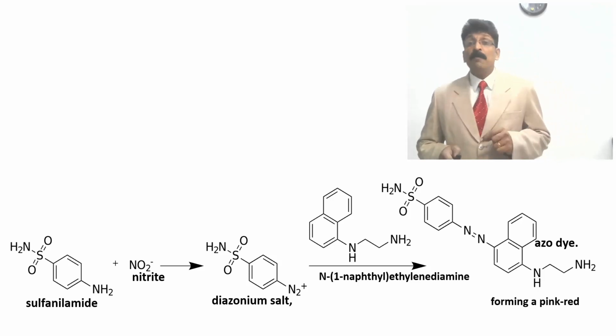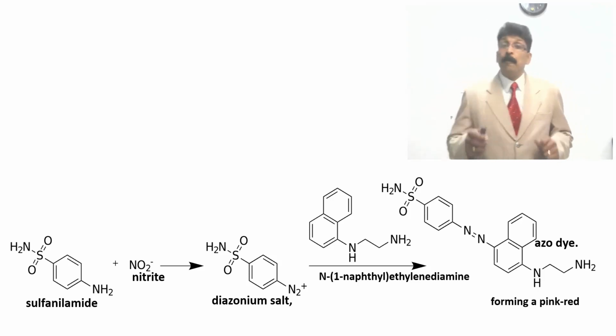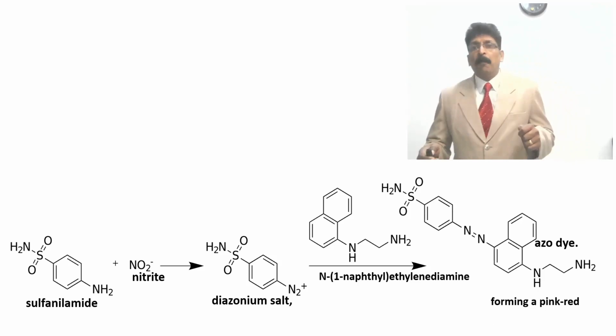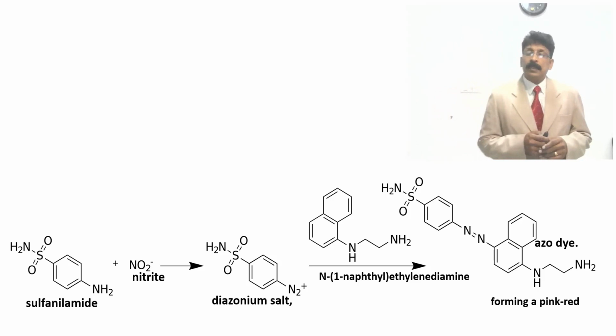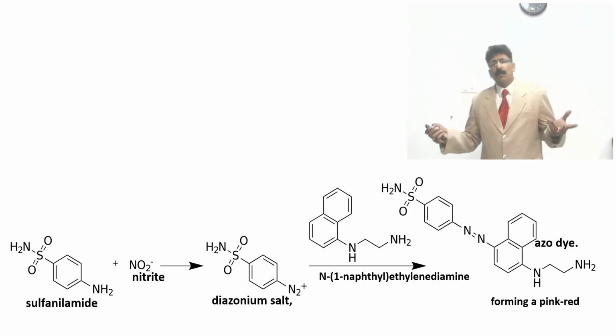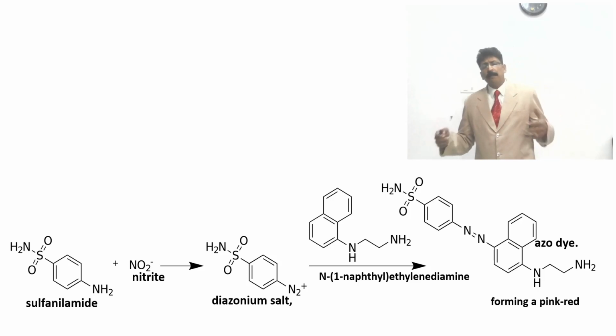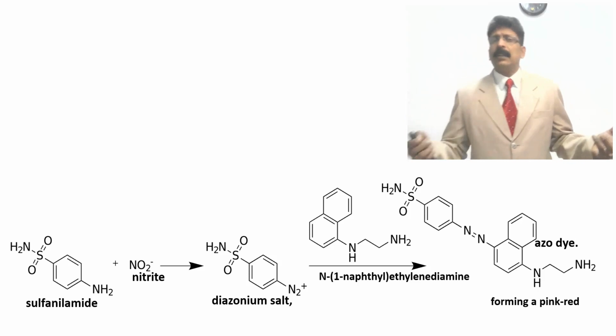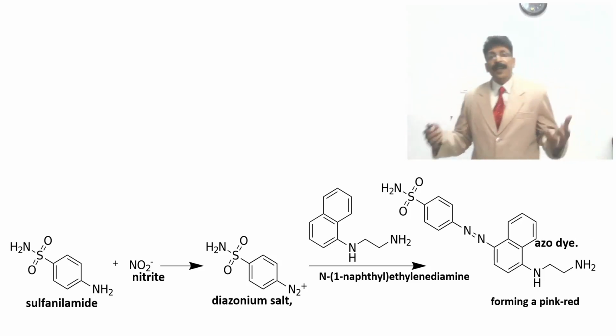The azo dye forms a pink or red-purple color, which can be easily identified by the colorimetric method at 540 nanometer. You can even go for a medium concentration by finding lambda max, and then go for absorption calculation. But researchers have already identified that 540 nanometer is very much feasible.